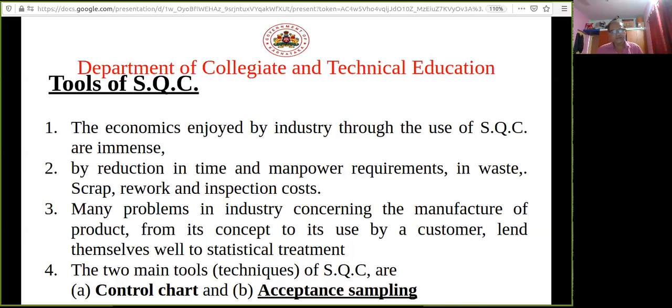There are many tools in control charts: X bar R chart, P chart, NP chart, C chart. These are the most important charts used in statistical quality control. Then the second one is the acceptance sampling.